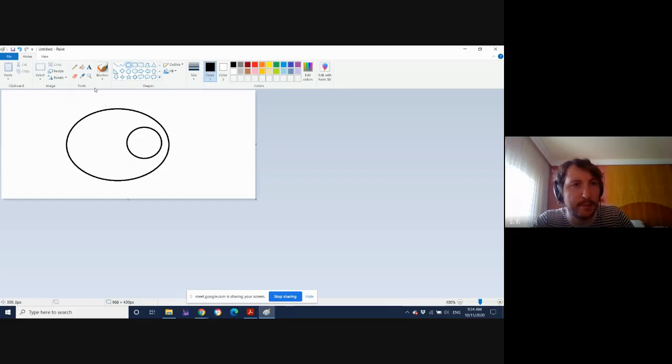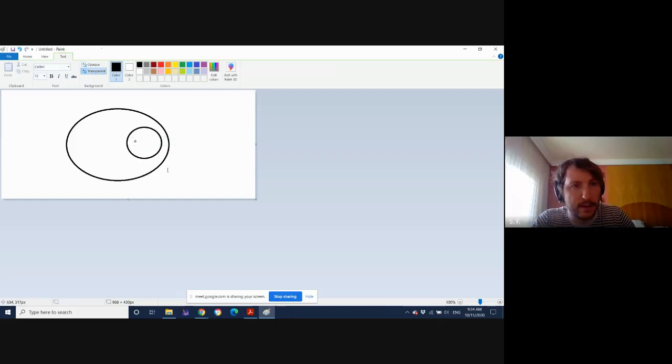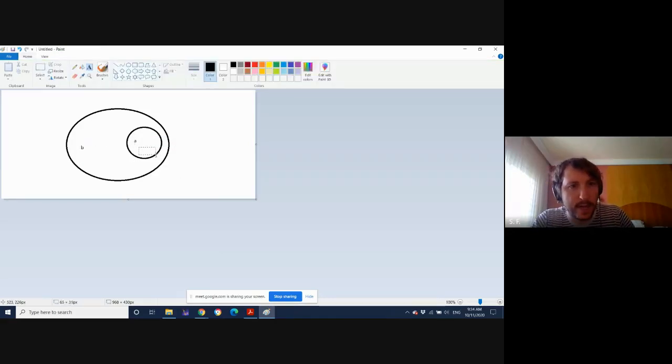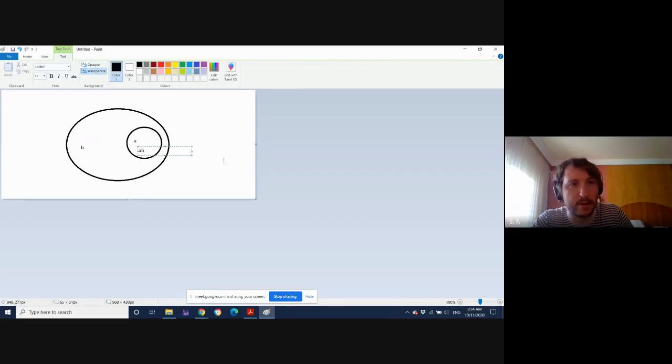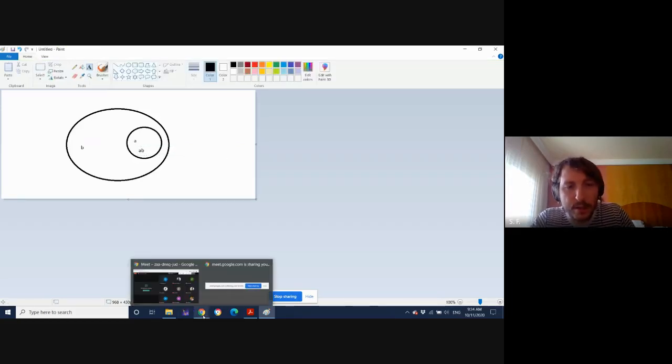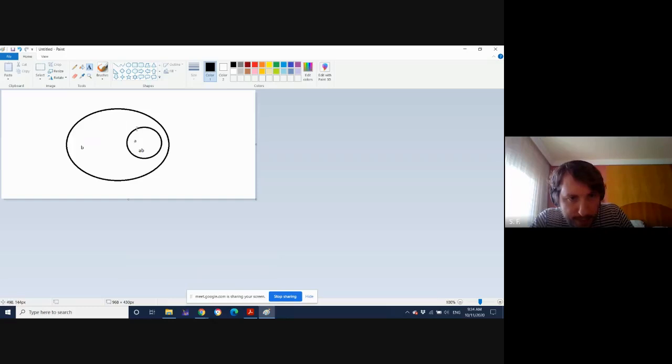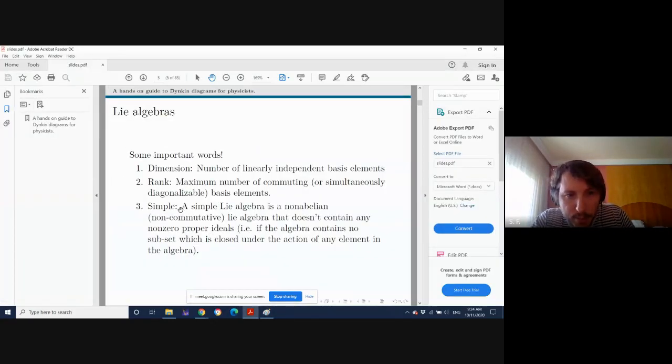So for example, if I have some element in here, A, and some element in here, B, then the bracket of A and B will be in here, if this is a proper ideal. So a simple Lie algebra is a Lie algebra that doesn't contain any non-zero proper ideals. Okay, so that's the definition.